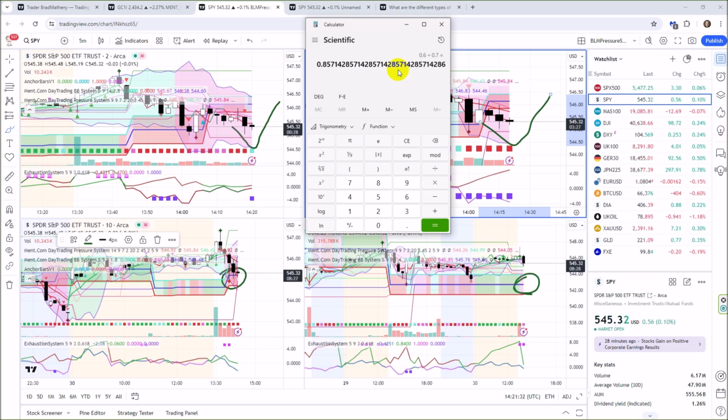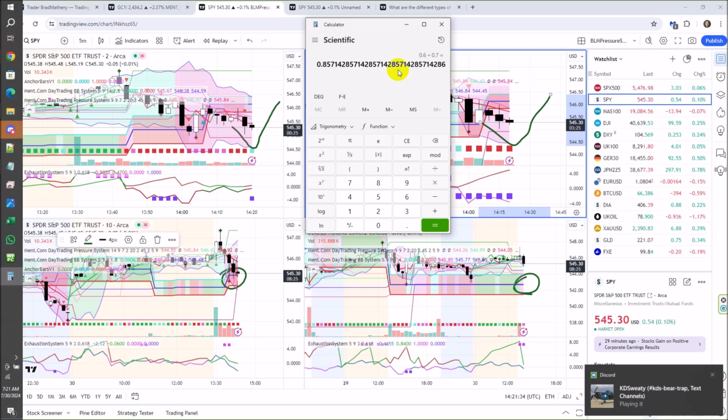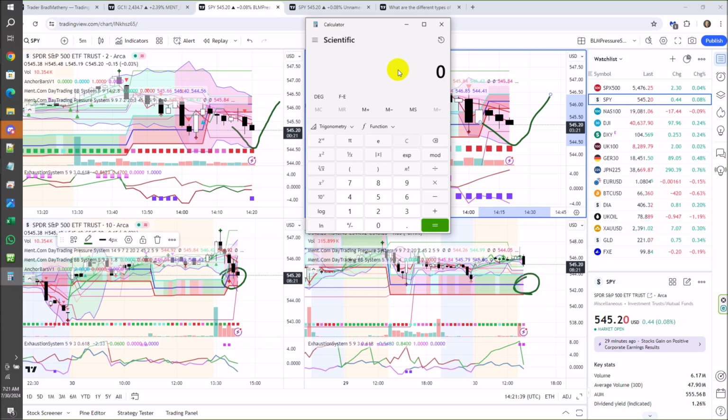So it is a ratio of bullish pressure versus bearish pressure. And okay, now I get it. So you would take 0.6 plus whatever the opposite number, 0.7, and then you would take 0.6 divided by 1.3. There you go. So it's the sum of the total.